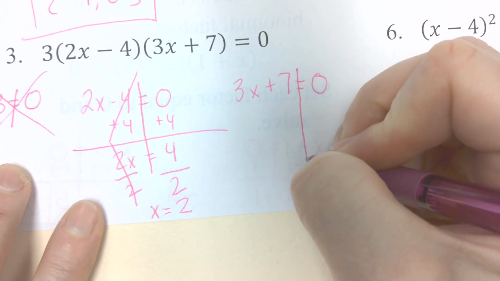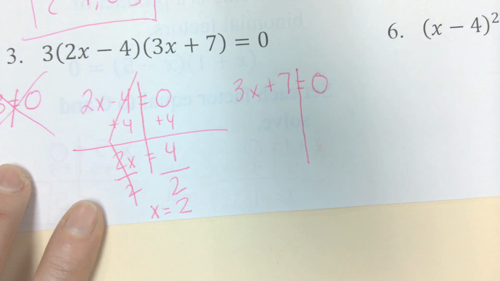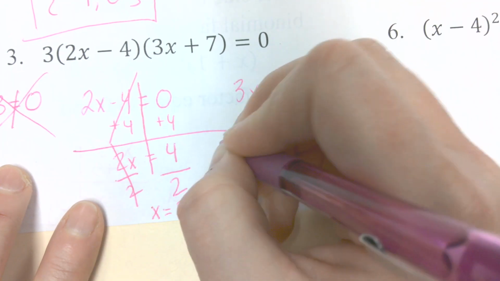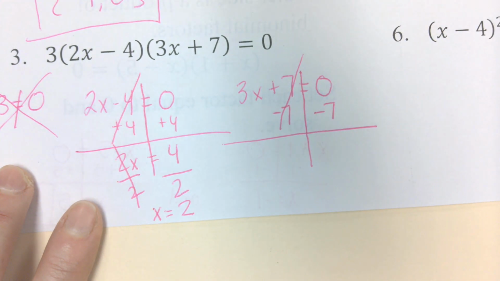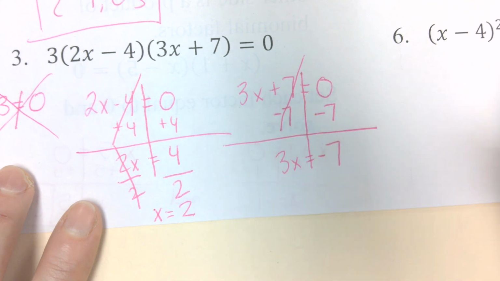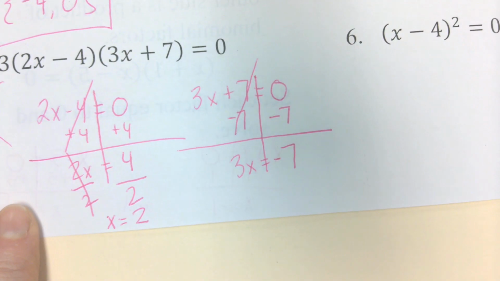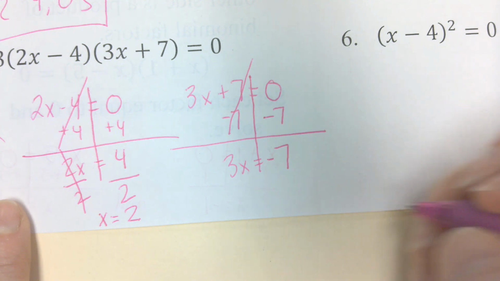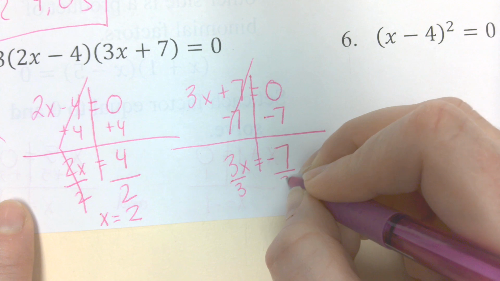Okay, and then this other one, same thing. We need to move the plus 7 by doing -7. Then we have 3x equals -7. Then what's our last step to get x all by itself? Divide by 3.